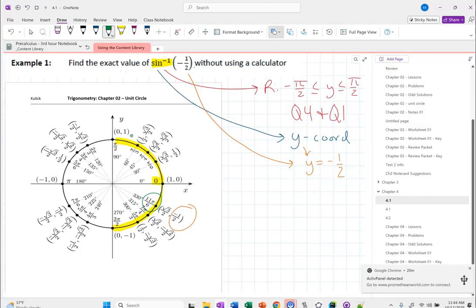Which one of those is in the right place? Sure. You could do it that way also. So that negative 1/2 corresponded to the angle 11 pi over 6.